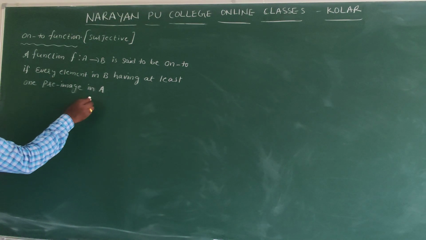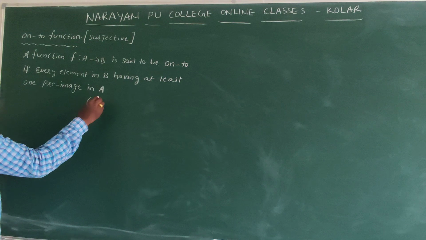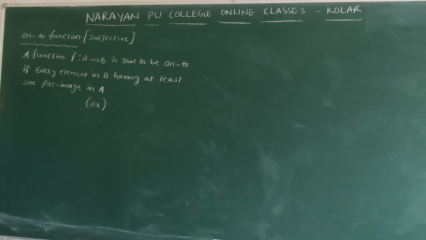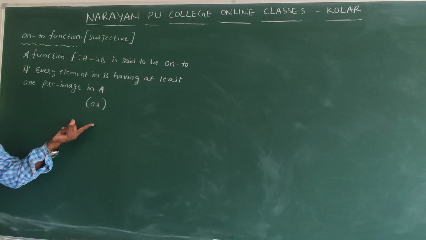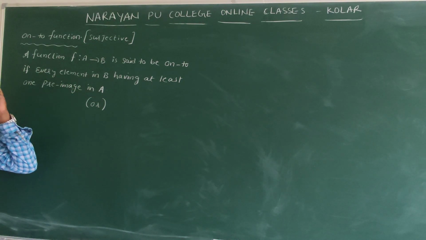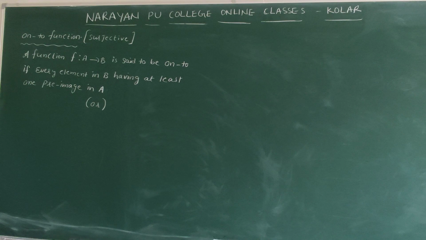So this definition can be explained in another method. Why? Because we are using the second definition in problems. Okay. So what is the second definition? You observe.